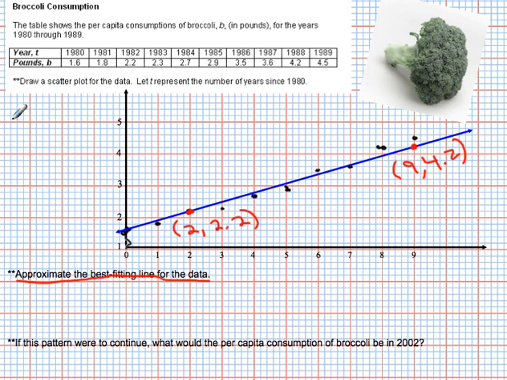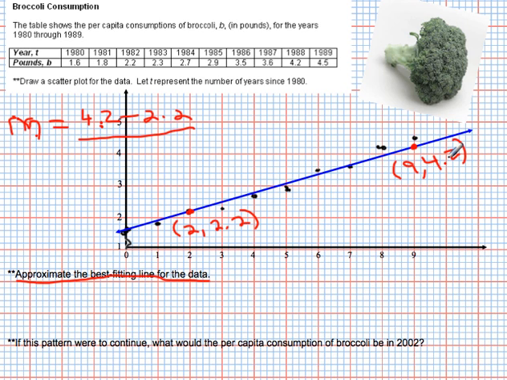Well, the first thing we need to do, remember back to when you're given 2 points, the first thing you need to do is find the slope. So that's what I'm going to do. I'm going to try to find the slope. So when I do that, remember you take y minus y, so it's going to be 4.2 minus 2.2 over x minus x.